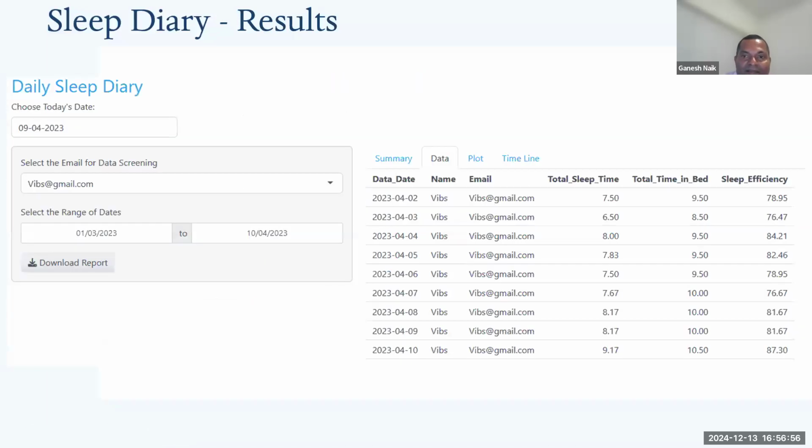So again, it could give the weekly sleep for a person. When they enter this sleep diary information, it could give them the weekly sleep data or the monthly sleep data.